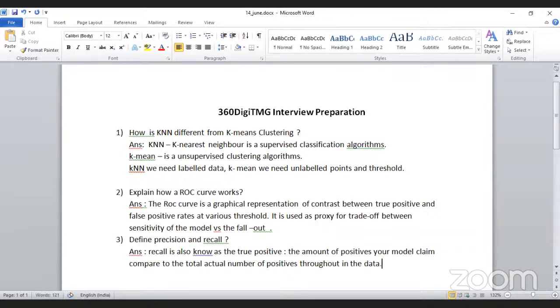Okay, so recall is only about the true positive rate: how our model predicts compared to all the positives throughout our data. So what do we call precision then?